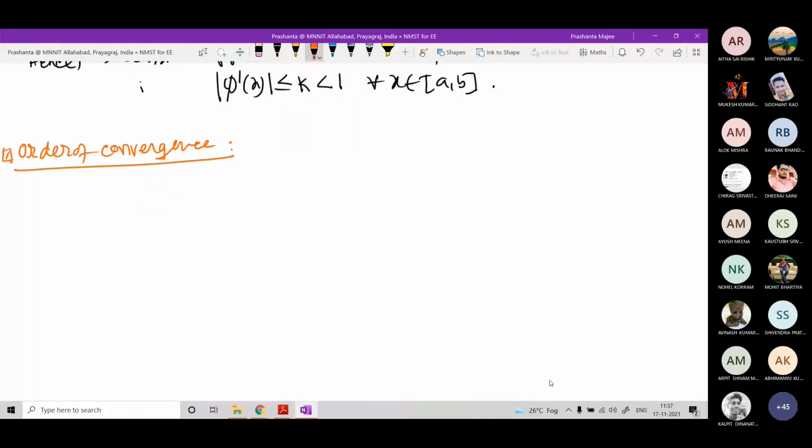So what is the mathematical formula? Suppose you have one iterative method, and using that iterative method you have obtained a sequence of points x0, x1, x2, x3 and so on, and that sequence of points is converging towards a root alpha.